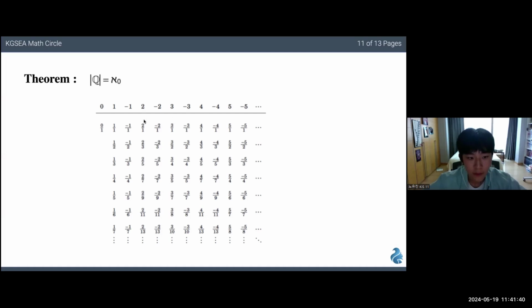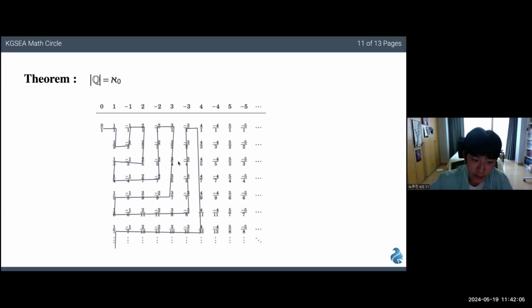For example, with 1, we have 1 over 1, 1 over 2, 1 over 3, and so on. With 2, we have 2 over 1, but we skip 2 over 2 because it's not in its most reduced form. We go to 2 over 3, skip 2 over 4, then 2 over 5, and so on for all those integers. To form a bijection, I form a zigzag line along the whole set of numbers.